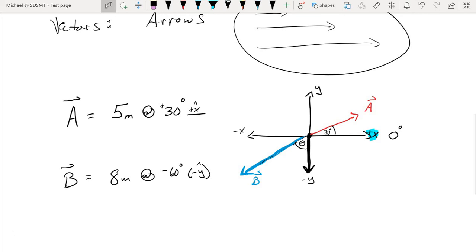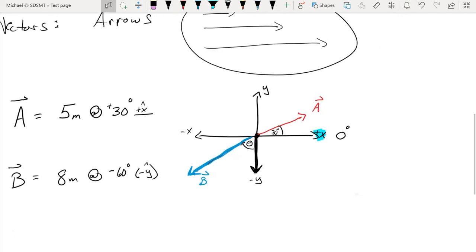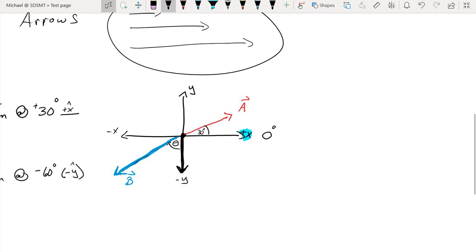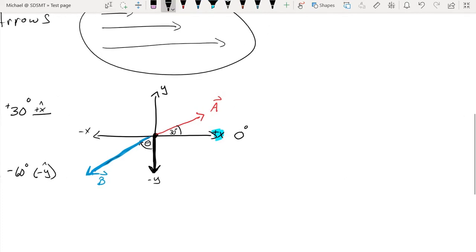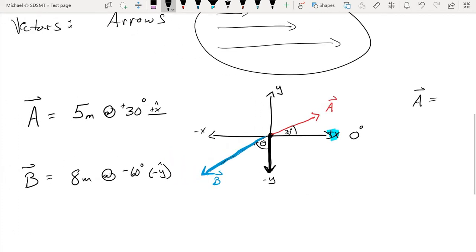If I want a more exact picture, then what we need to do is let the math take over. So we're going to come over here to the other side of our sketch, and I want to represent vector A, but not using the magnitude and angle description.